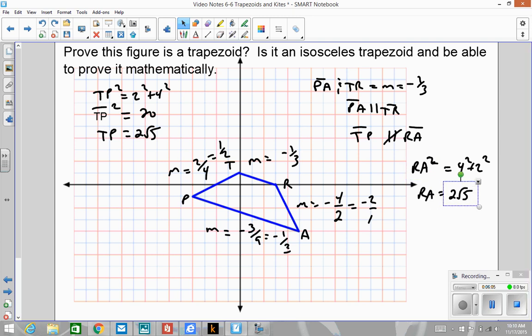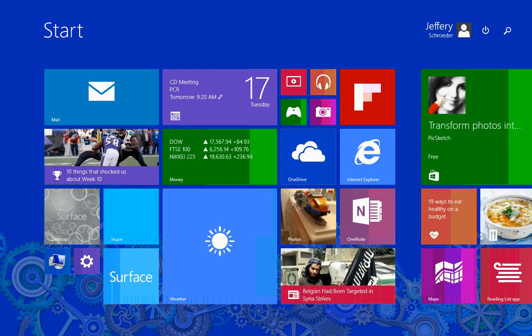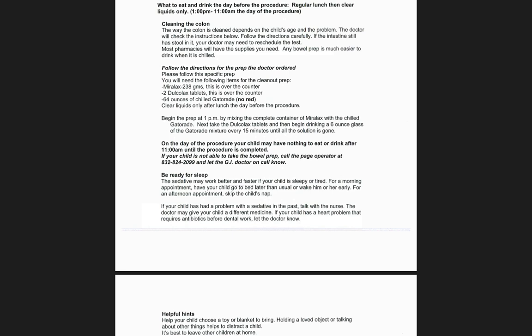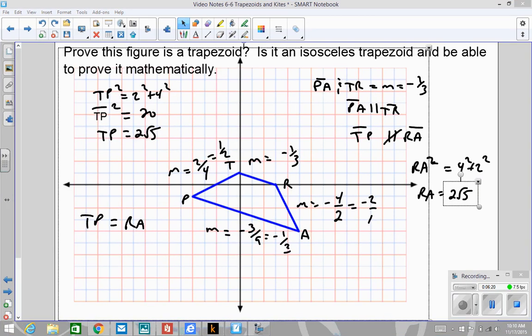And so since TP is equal to RA, we have that the legs are congruent.